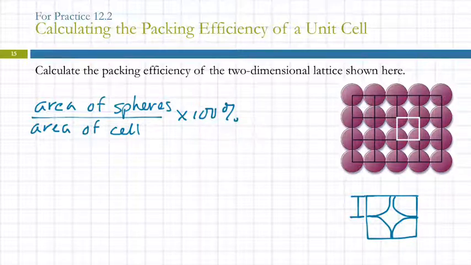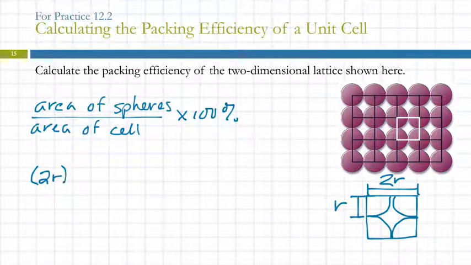This is r, the radius of an atom. So what's the length of the side? 2r. So what's the area of the square? 4r squared. So the area of the cell is 2r, the quantity squared. Right? 2r times 2r. Everybody okay with that?